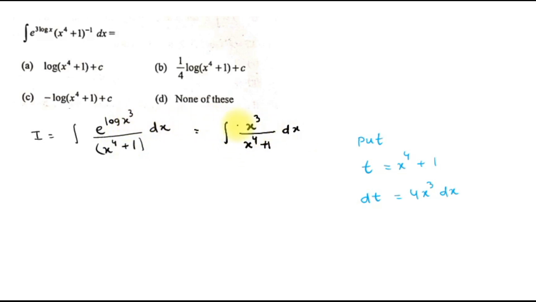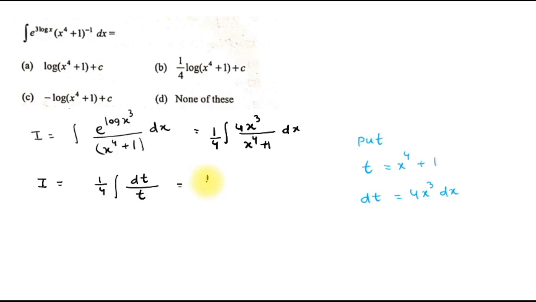Now here we multiply the numerator by 4 and again divide it by 4 so that there is no change in the integration. So I is equal to 1 over 4, x cubed dx is nothing but dt, integration of dt over x⁴ plus 1 is t.